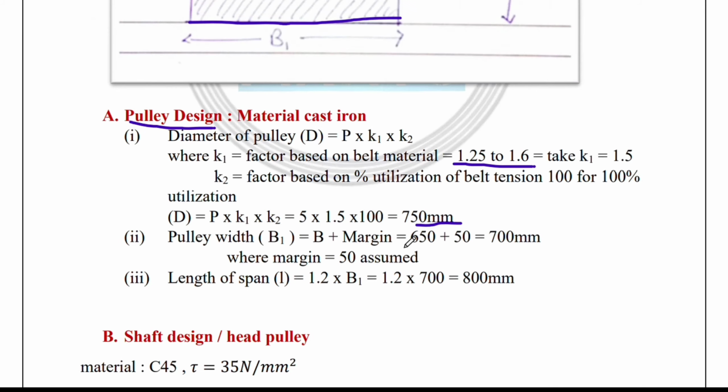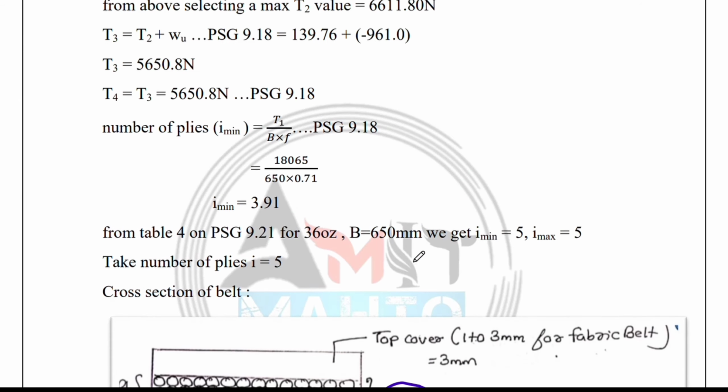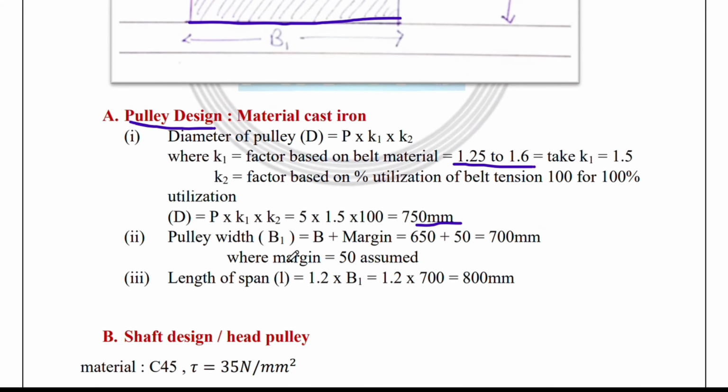This both side margin we take as 25 left side and 25 right side, so overall margin will be 50, and B will be 650, which we got in the previous step. B is equal to 650, which we found in step number 1. Substitute it, we get 700 mm. Pulley width will be 700 mm, where margin 50 we have assumed.